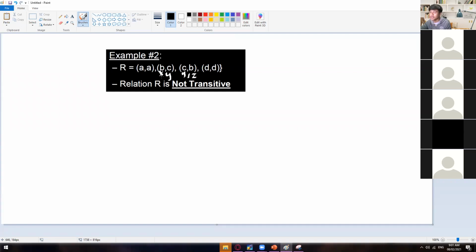So again, we should have another ordered pair, which is the xz, wherein here it will form BB, an ordered pair BB. So is this BB in this set relation?